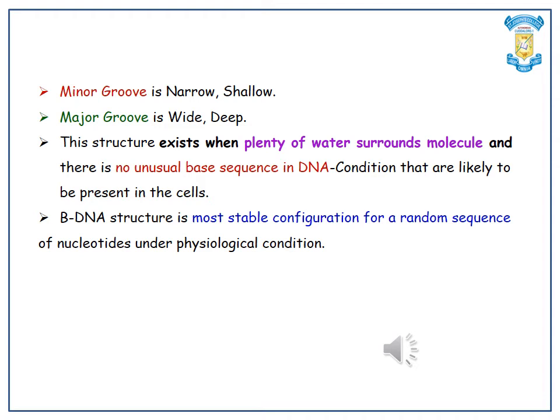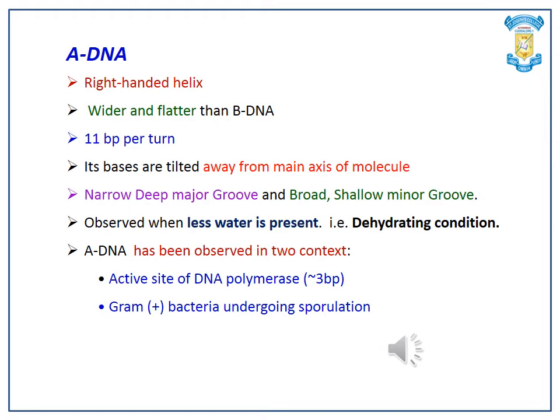B-DNA structure is the most stable configuration for a random sequence of nucleotides under physiological conditions. A-DNA is a right-handed helix, wider and flatter than B-DNA. It has 11 base pairs per turn. Its bases are tilted away from the main axis of the molecule.